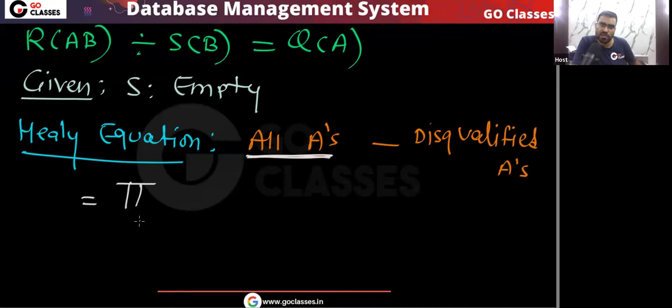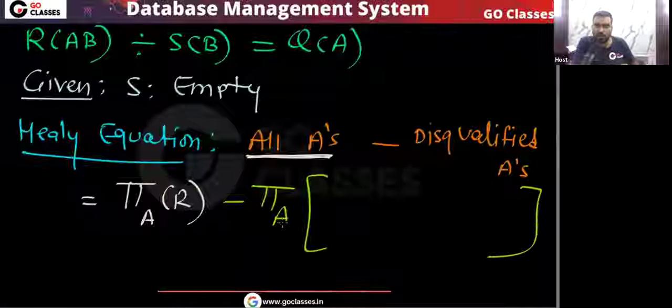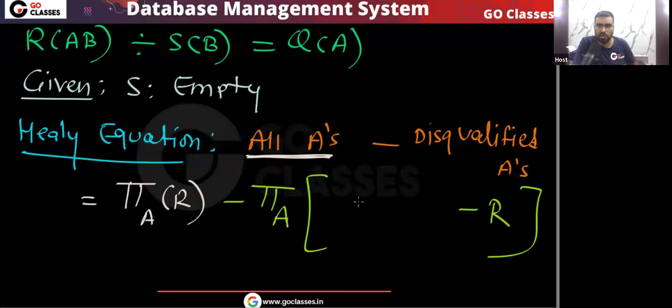All A's means from this R you project A. These are all A values. Minus the disqualified A values. I want the disqualified A values. Then that will be very simple: ideal minus actual. What is actual? Actual is R. That you know. What is ideal?